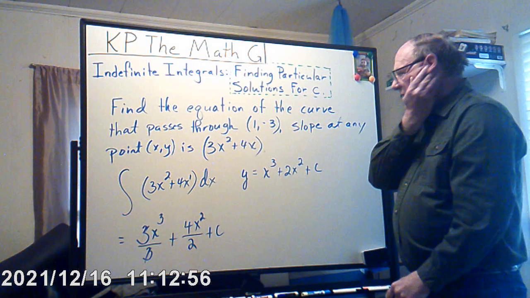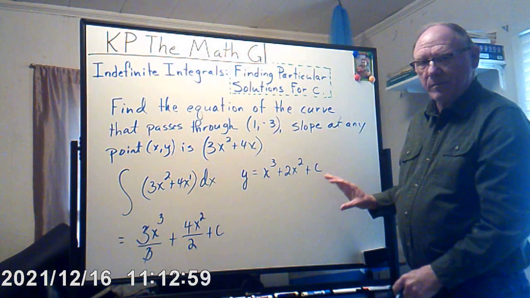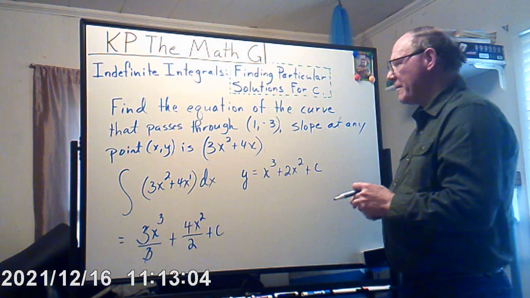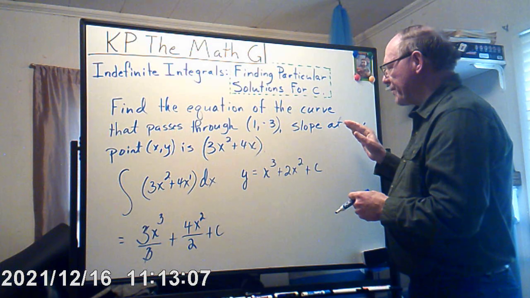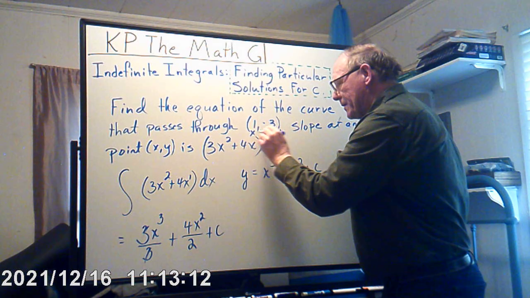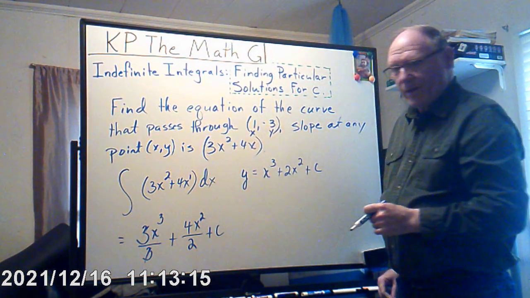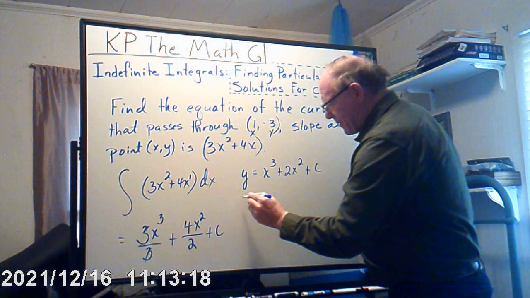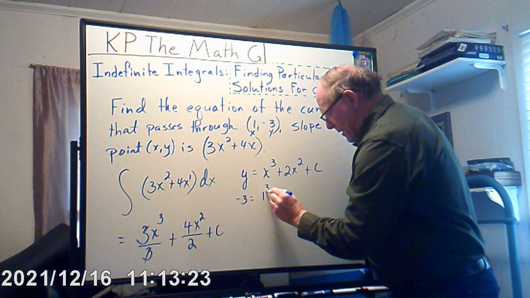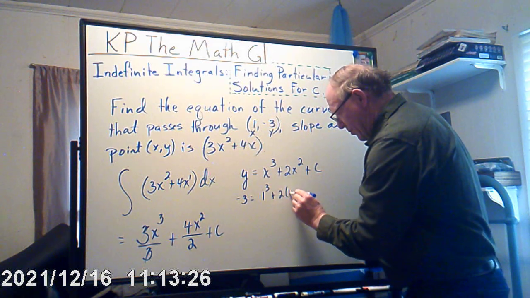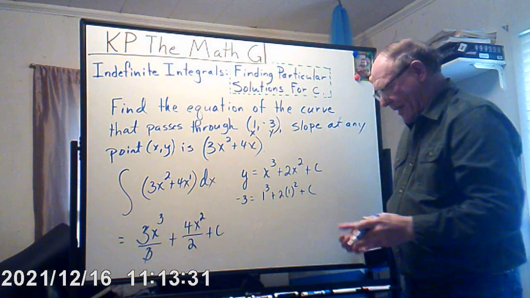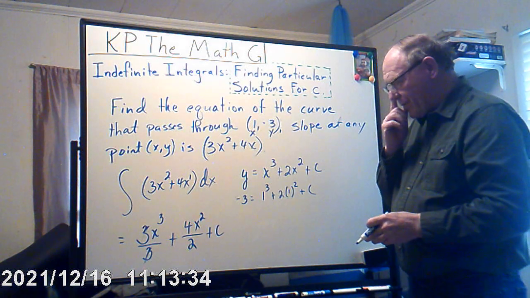That is the general equation, because it has a c attached to the end of it, doesn't it? Now it passes through (1, -3), where x is 1 and y is negative 3. So let's plug those numbers in. Negative 3 is equal to 1 cubed plus 2 times 1 squared plus c. Notice immediately that c is going to be by itself when we get through solving for it.